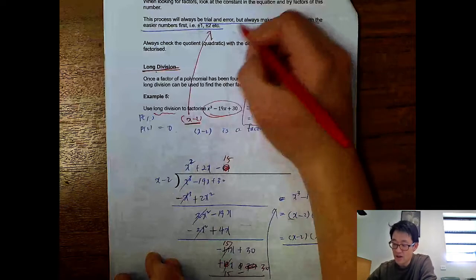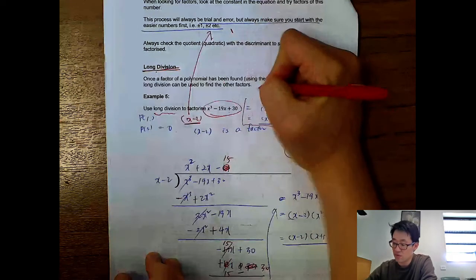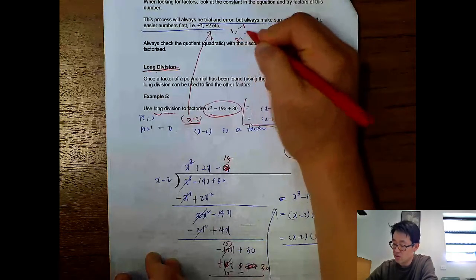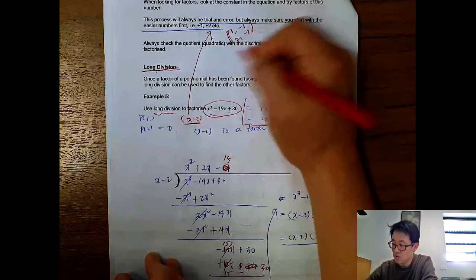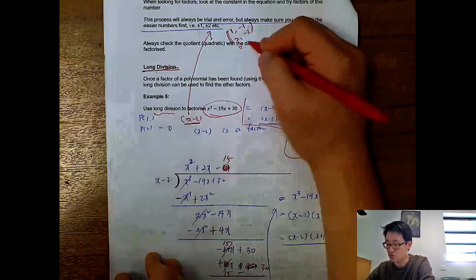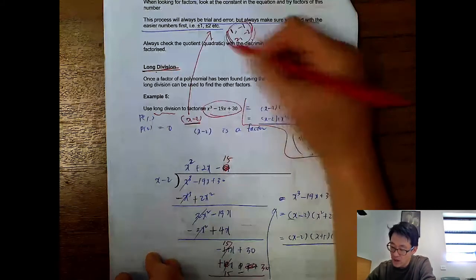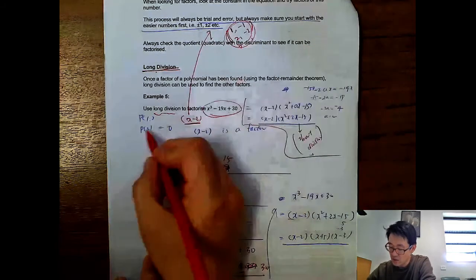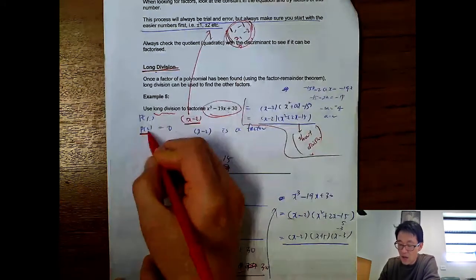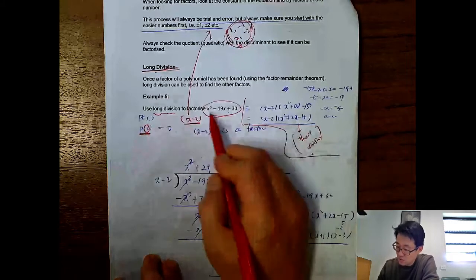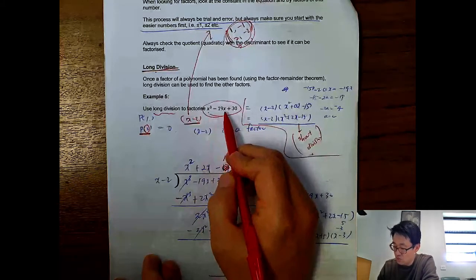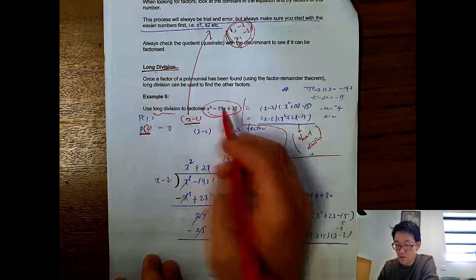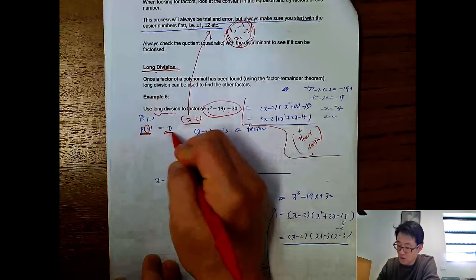But the easiest way is to start from 1. You can see minus 1, 2, minus 2. Usually you can continue with 3, minus 3, but somewhere here you will see one number. In this case, when I put x equals 2, minus 19 times 2 plus 30, that will make equals 0.